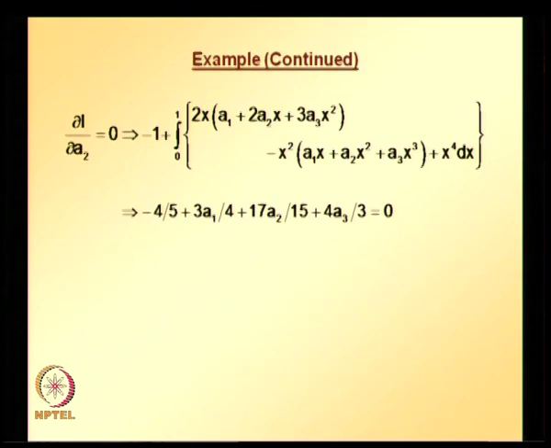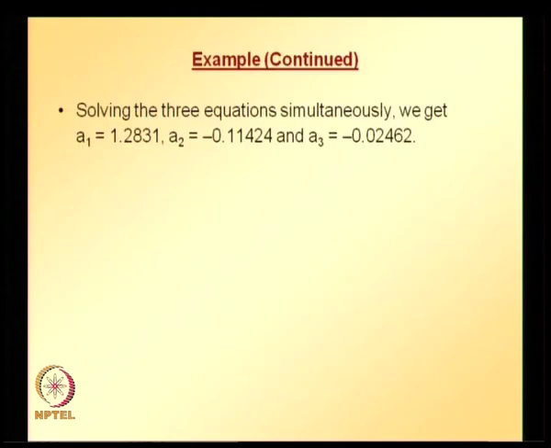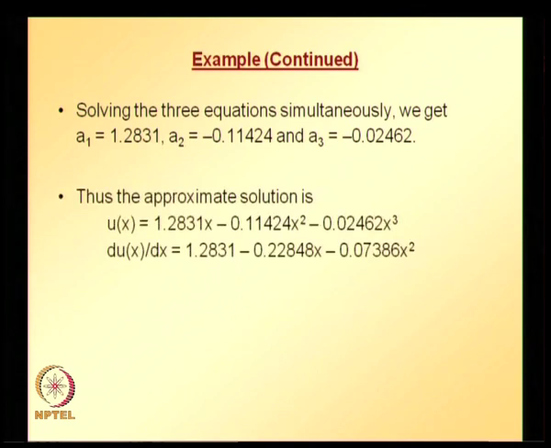So you solve these 3 equations, solving the 3 equations simultaneously we can determine the unknown coefficients a1, a2, a3, the values are given there. So now next step is to substitute this a1, a2, a3 into the admissible trial solution we started out with, then you get the approximate solution, and by taking derivative of this you get the second equation that is given there.